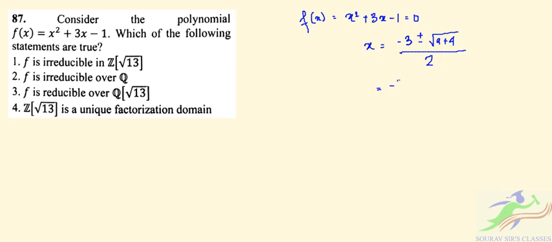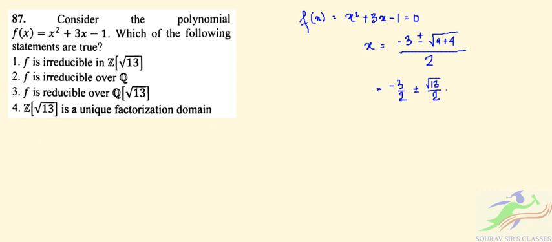So the roots will be minus 3 by 2 plus minus root 13 by 2. So minus 3 by 2 plus root 13 by 2 is one of the roots, and minus 3 by 2 minus root 13 by 2 is the other. So let's check with this.